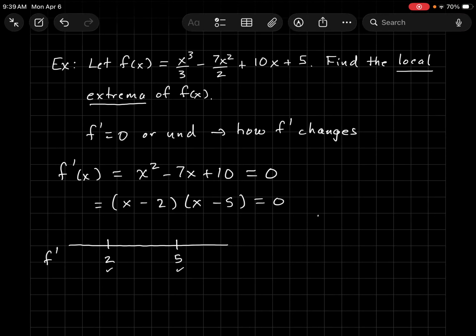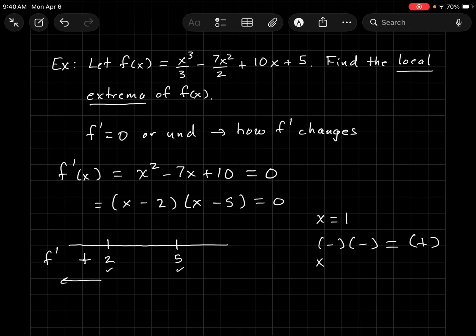For example, if I choose x equals 1, which would be right about here somewhere, and I plug x equals 1 into my derivative, I get a negative value times a negative value. The exact value is not important, just that we have negative times negative, which gives me positive. So at x equals 1, f prime is positive, which means any x value on this interval, f prime will be positive.